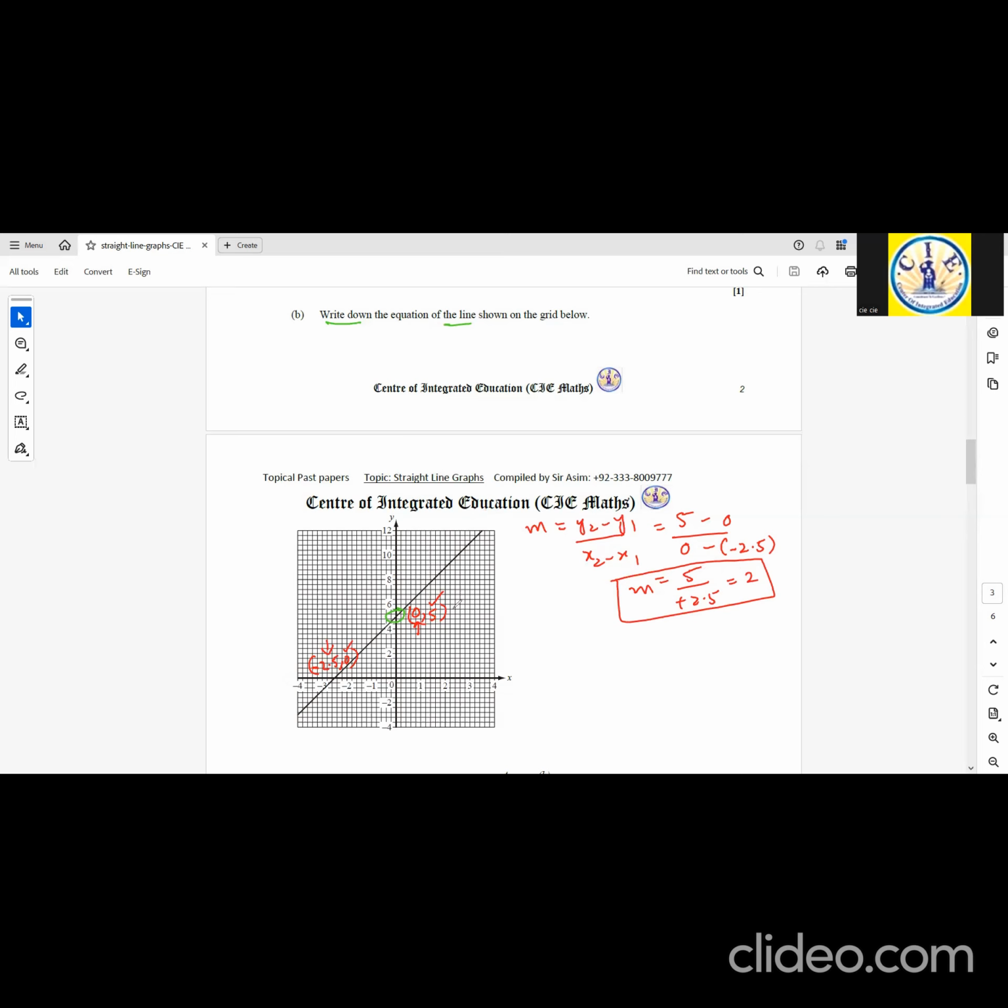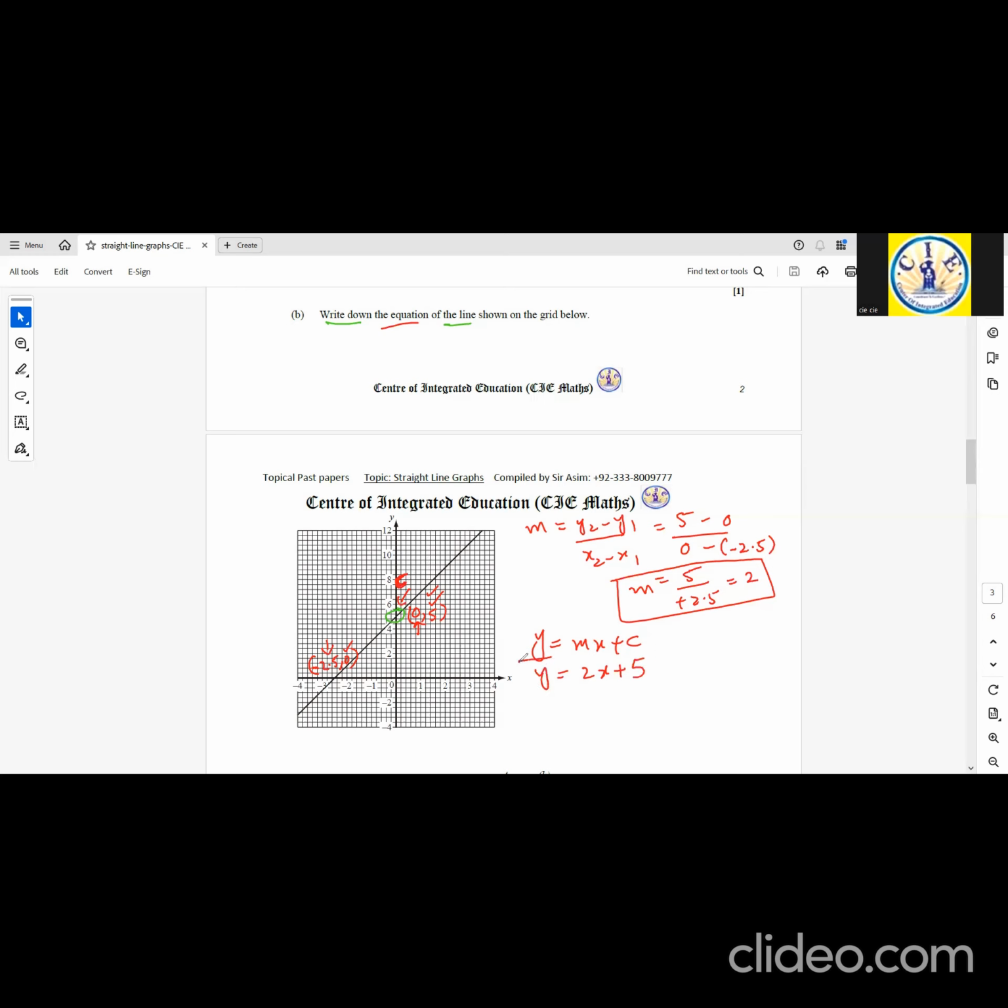Okay, m is this. Now I can choose any of the 2 points. Let me choose this point 0, 5 to have the equation of the line. y is equal to mx plus c, that is 2x plus c. You see, this is the c, the y-intercept, which is 5.